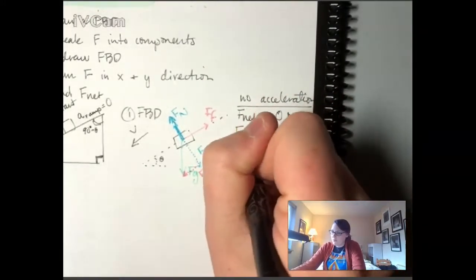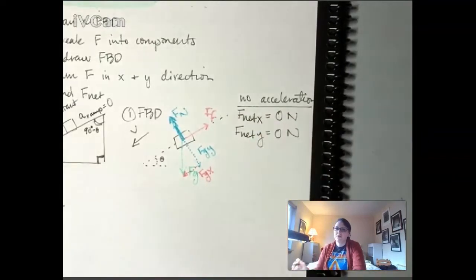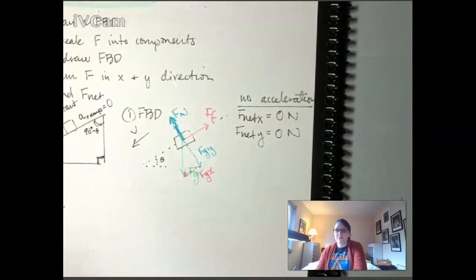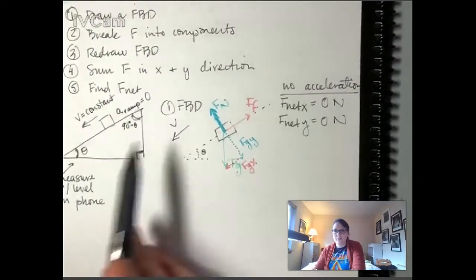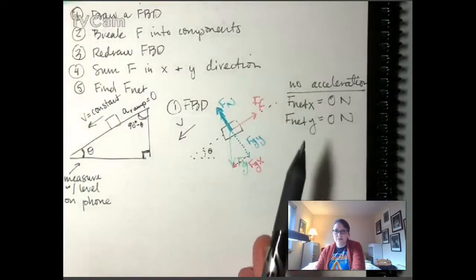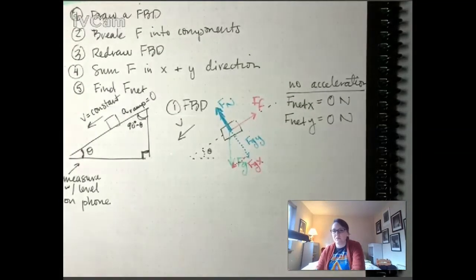We also know that this object in the y direction is not accelerating, so the net force in the y direction is going to add up to 0. So even though I've got no numbers in my story problem here, those are two values that are going to help as we go forward and solve.